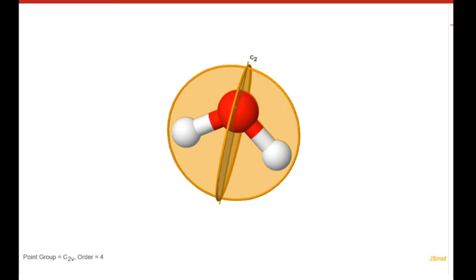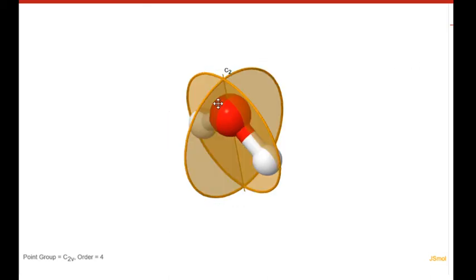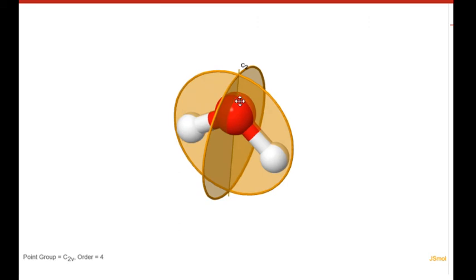Both planes are mutually perpendicular to each other and pass through the principal axis, so both are vertical planes. So the point group of the molecule becomes C2v, since it has one C2 axis and two vertical planes of symmetry. The symmetry elements are identity E, C2 and two vertical mirror planes of symmetry.